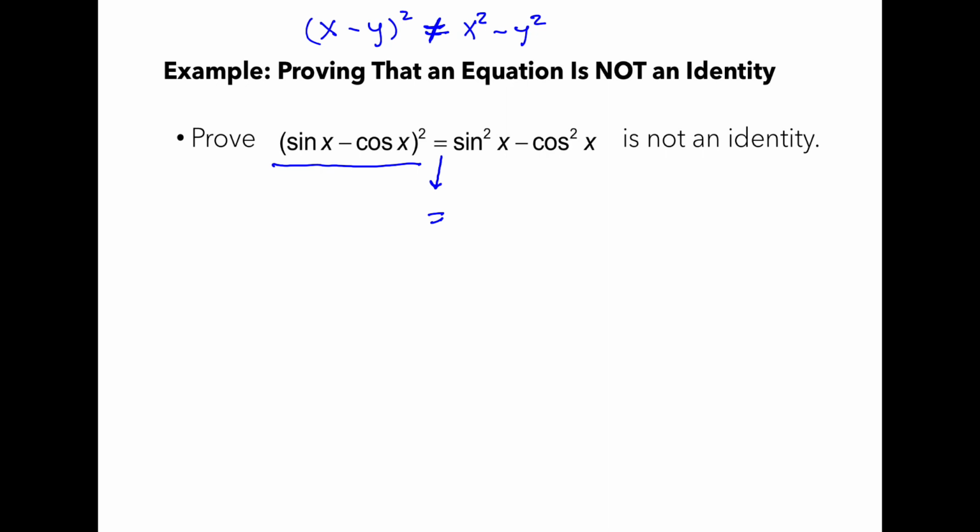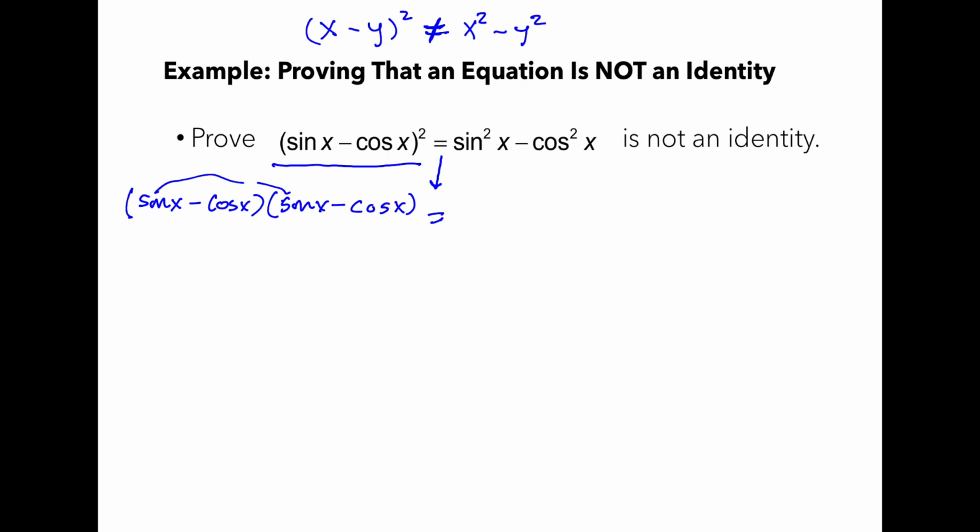When we have an addition or subtraction squared, we want to write it as sine x minus cosine x times itself, sine x minus cosine x, and use FOIL to carry this out correctly.